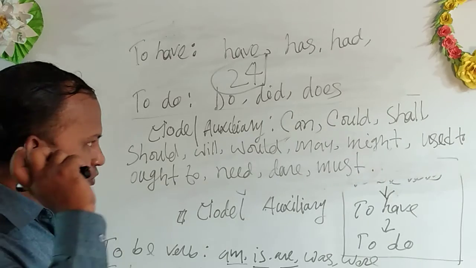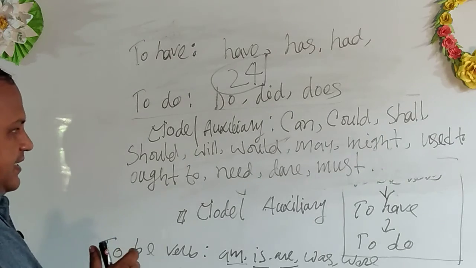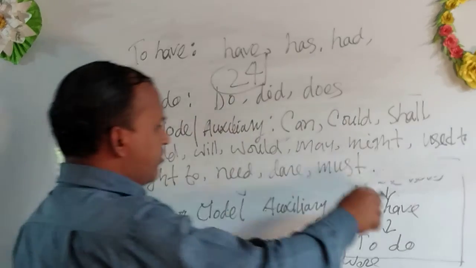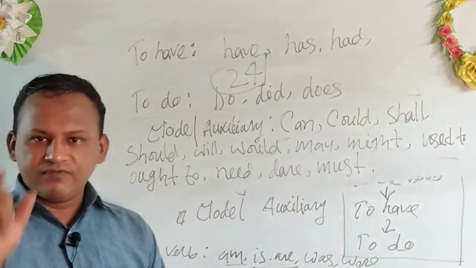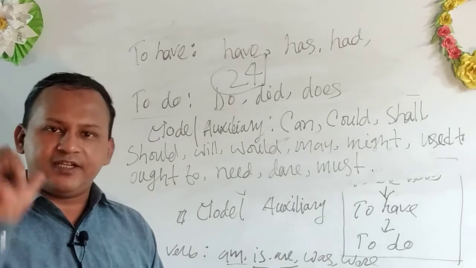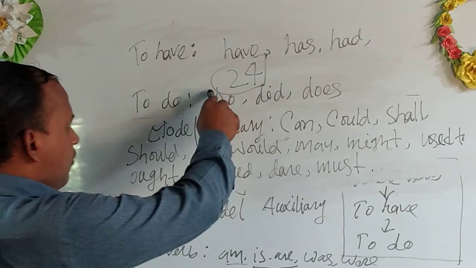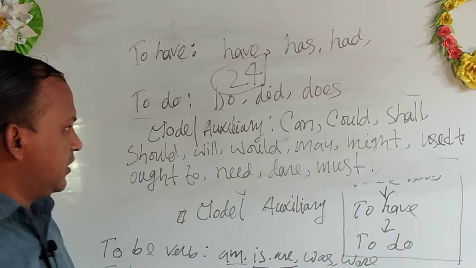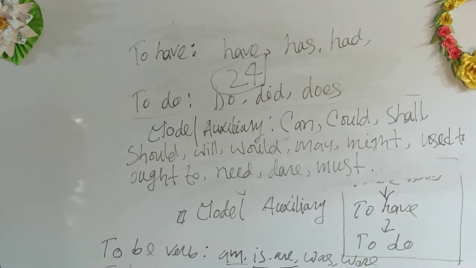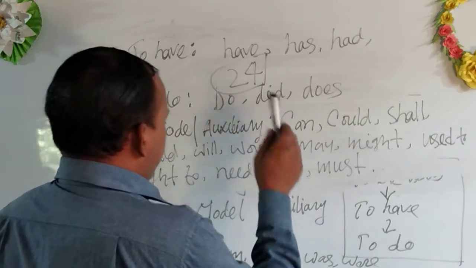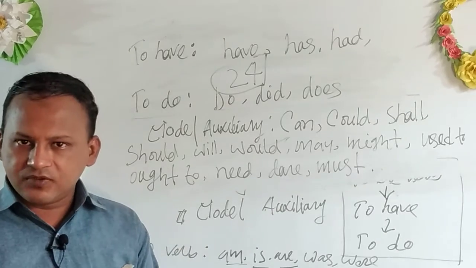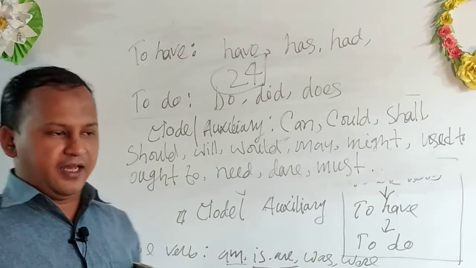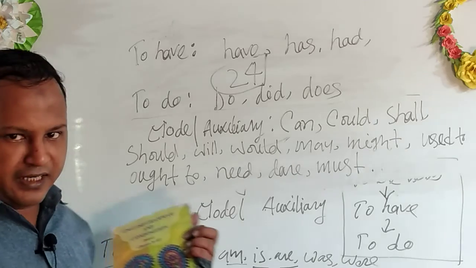Dear student, you have looked at the primary auxiliaries and modal auxiliaries, which make up the 24 auxiliary verbs. You know that modal auxiliaries and primary auxiliaries are helping verbs. They help another verb or word of the sentence.